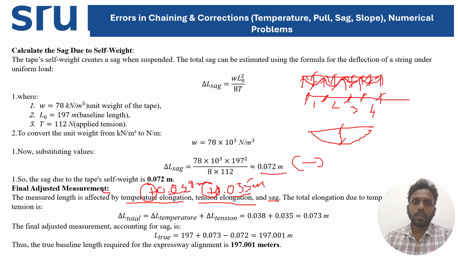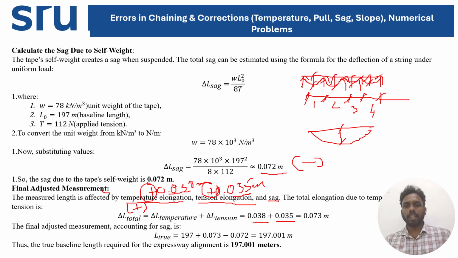So the total elongation due to temperature and tension: first you have to calculate the positive error. So alpha L is equal to the total positive error. First we have to add the temperature and tension elongation. You can see here, this is alpha L for temperature, 0.038, which we have calculated earlier. And this is the correction for your tension, 0.035, already calculated earlier.